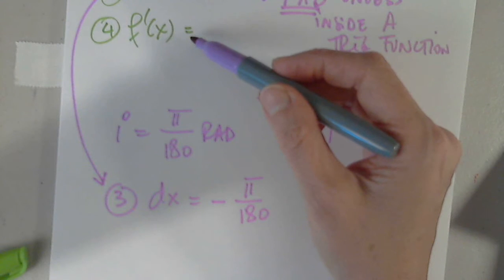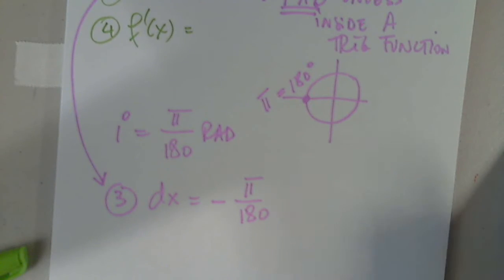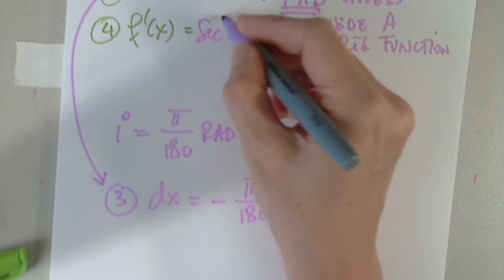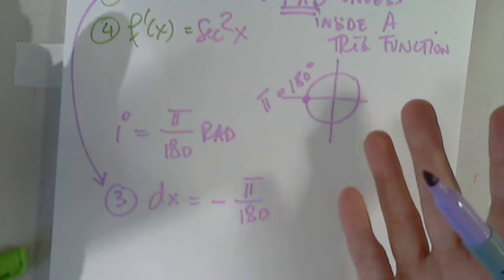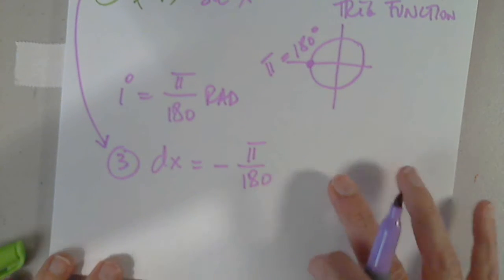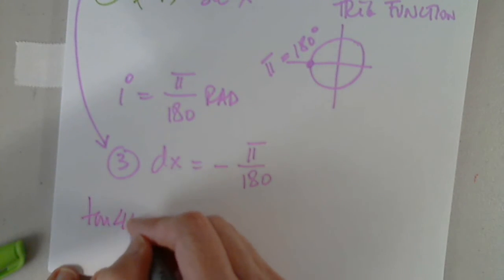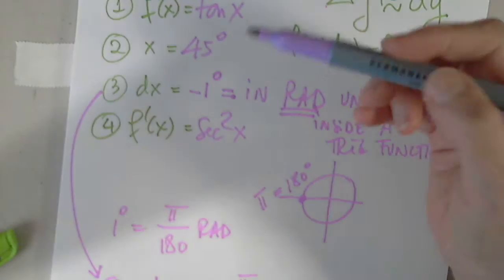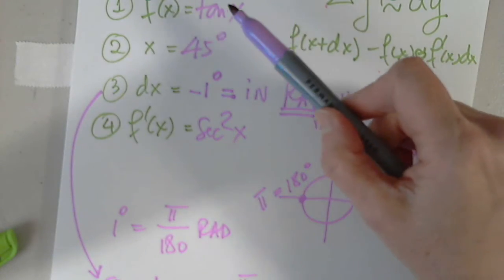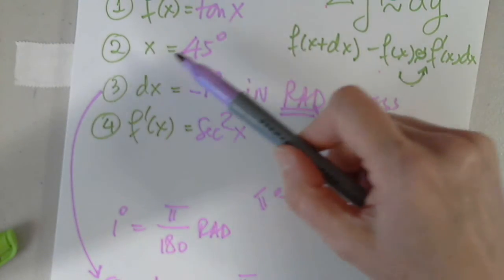Can anyone give us f prime? Is it secant squared x? Excellent. Great job. I have all the pieces, I just have to put them together. So then I have tangent 44 degrees is approximately f of x. F of x is tangent x, and x is 45.